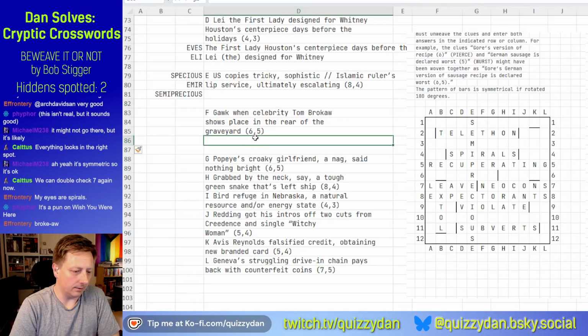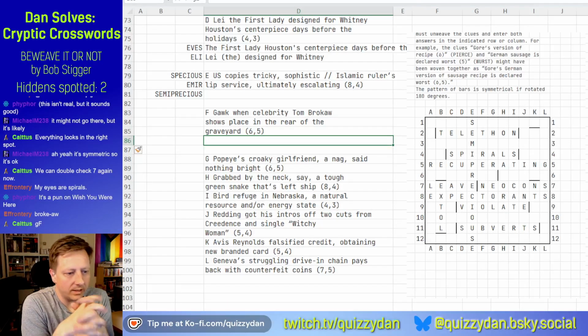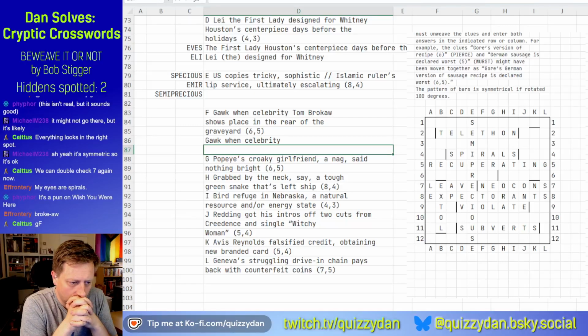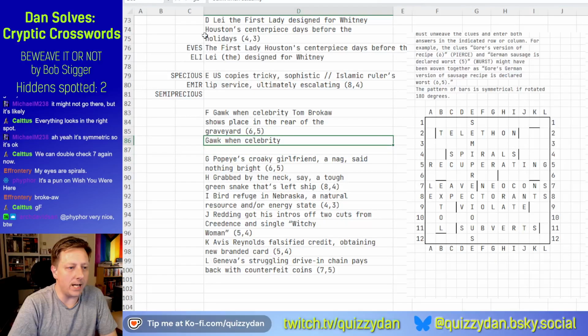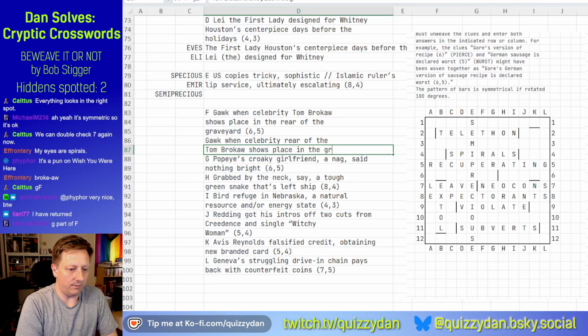But why? So Gawk, when celebrity star place in the rear, yes, rear of the, and then that gives Tom Brokaw shows place in the graveyard.